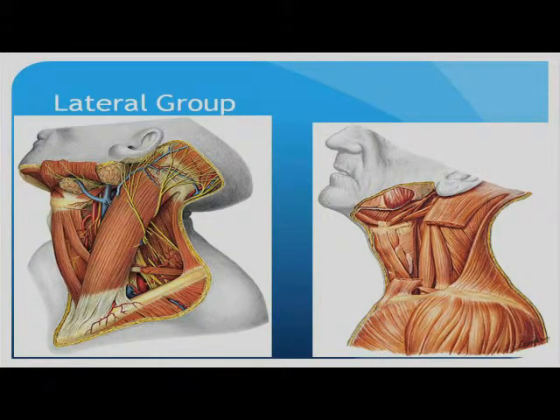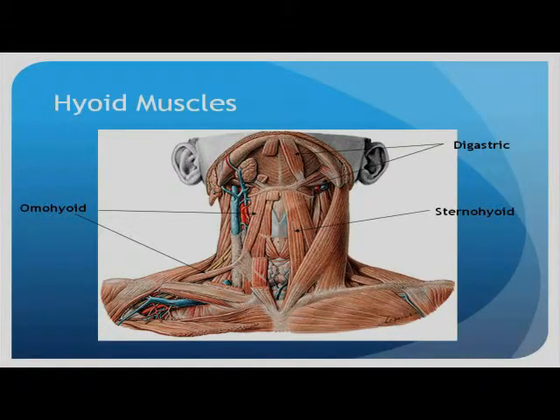Then you start to layer on more of the external muscles, the lateral group, and you've got the sternocleidomastoid and then the trapezius, both as the more superficial ones that play an important clinical role sometimes. And in the front, the hyoid muscles are one of those things we don't think to look at, but they can attach right down into the sternum and mediastinum and back to the scapula.